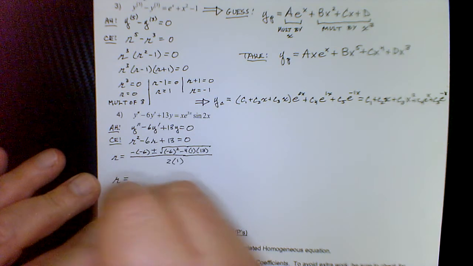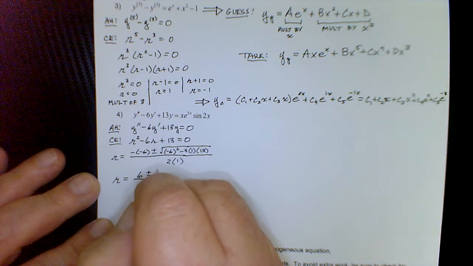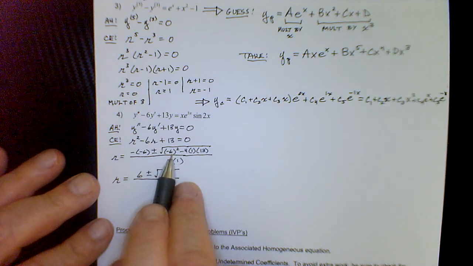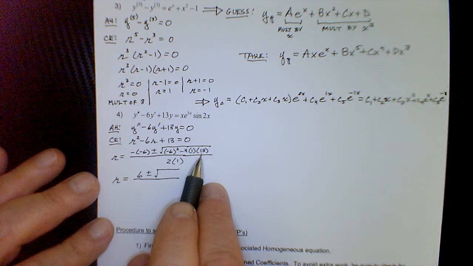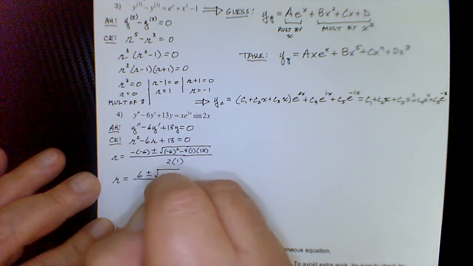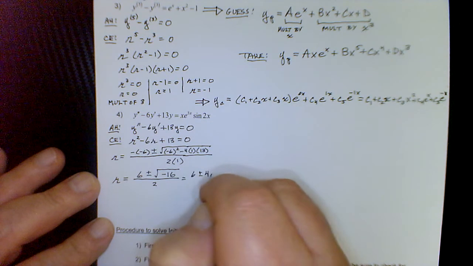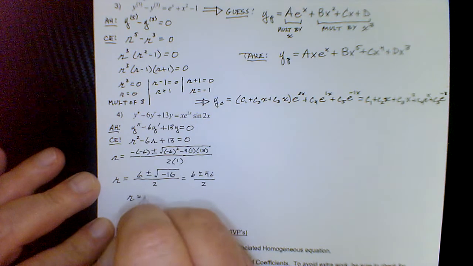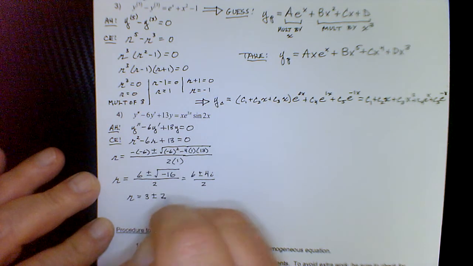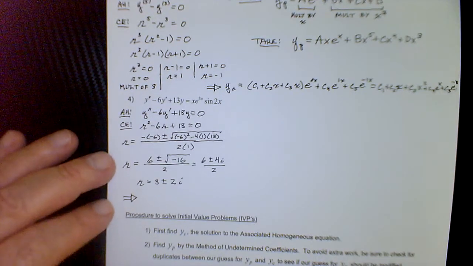So that gives r is equal to 6 plus or minus square root of, okay, let's see, that's positive 36, here's a minus 52, so therefore a minus 16 over 2, which would be 6 plus or minus 4i over 2. Remember, get it in a plus bi form, so divide the 2 in here, we get 3 plus or minus 2i. So then recall the theorem for complex conjugate roots.